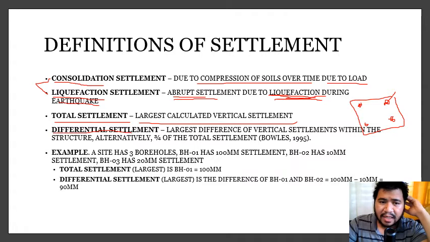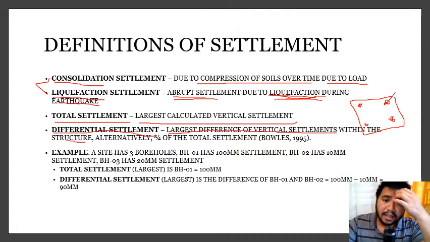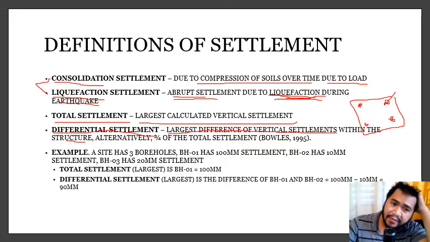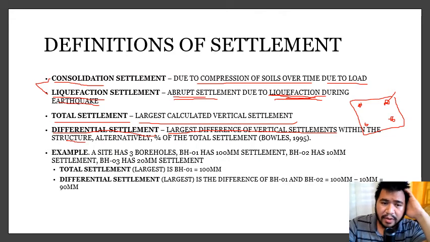Now, differential settlement is basically the largest difference of vertical settlements within a structure. To better define that, for example, you have three boreholes on a site. Borehole one has a calculated 100 millimeter settlement.